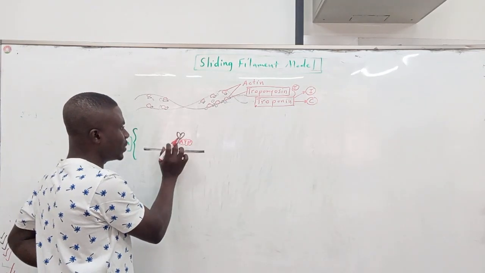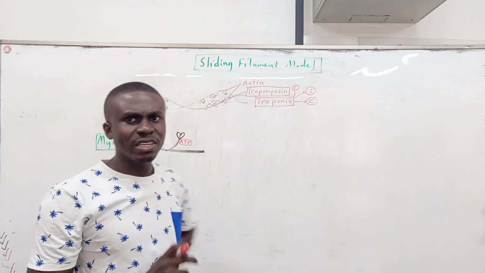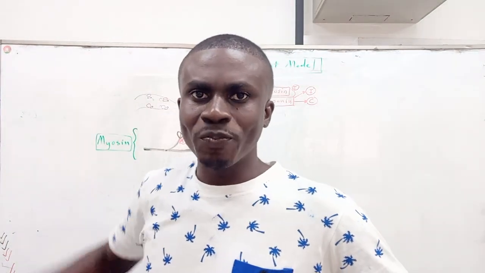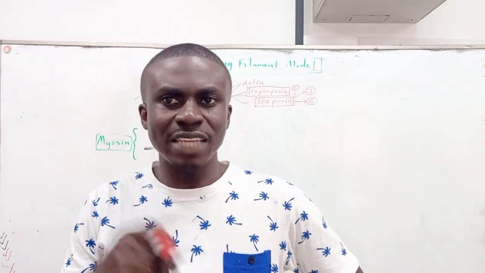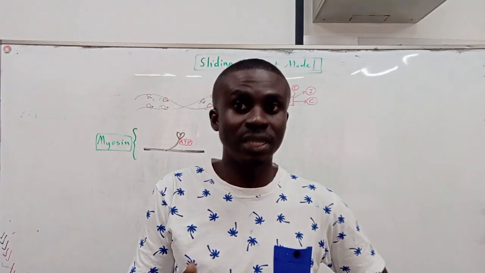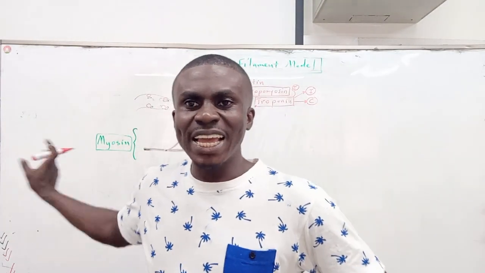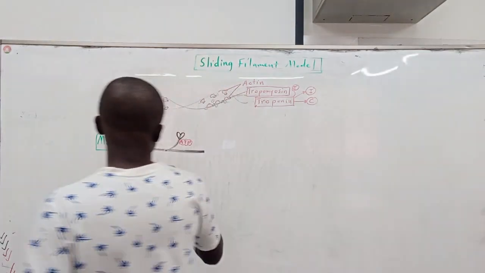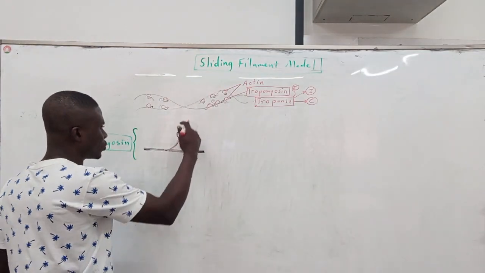Now ATP is with it. The first thing that is going to happen is that the myosin heads over here have ATPase activity. Yes, the myosin heads are able to cause hydrolysis of ATP. So there's going to be something we call hydrolysis of ATP.